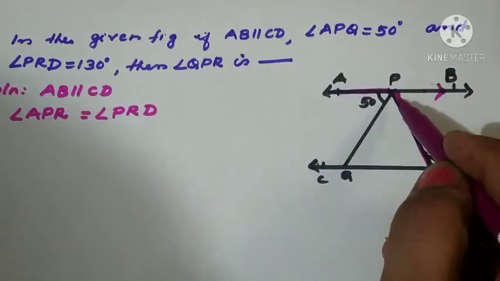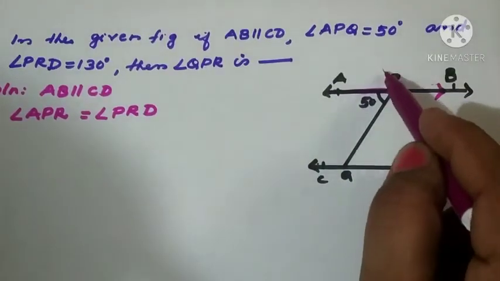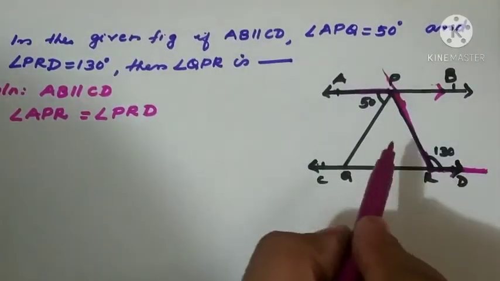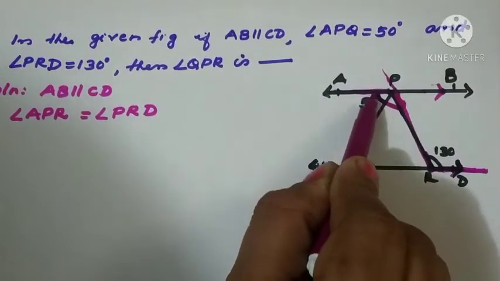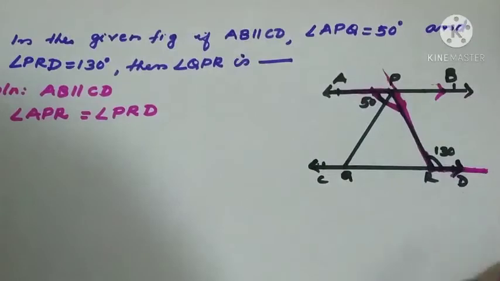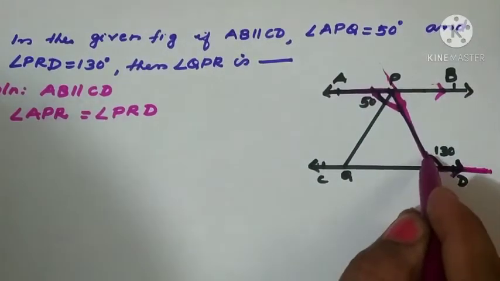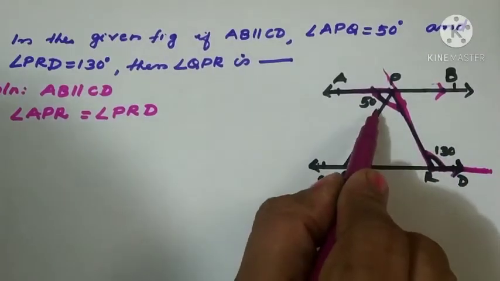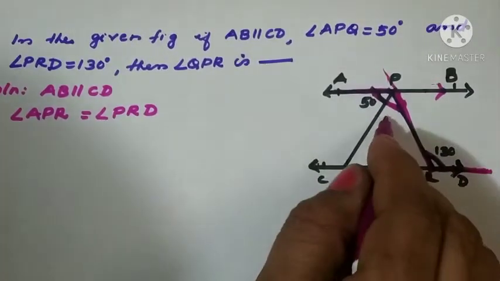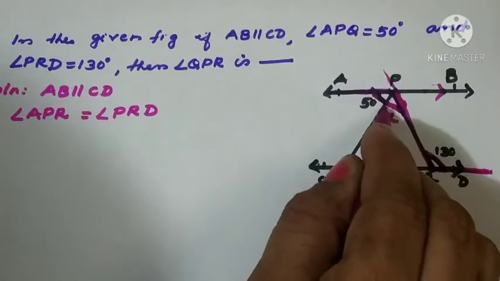Now when we are saying that this is a transversal, this whole angle with the transversal and the line is APR. Similarly, line here and the transversal here is 130. So 50, if I'm not having anything, I'll just put here the remaining value as x.